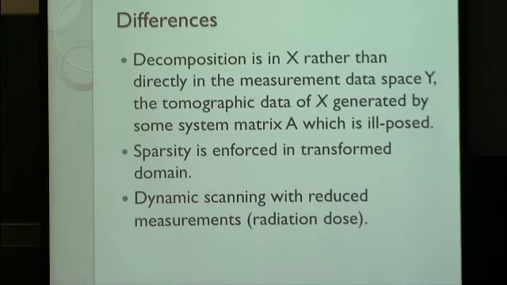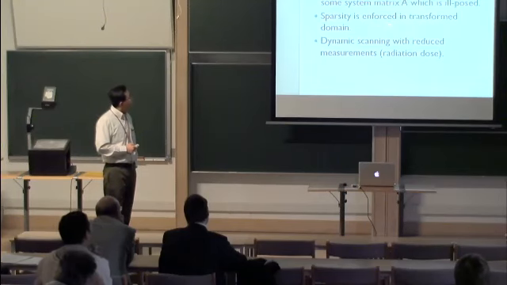So our difference here is that the decomposition is not in the measurement domain or image domain. It's in the physical domain. So there's a matrix A through that transform, and this A, the X-ray transform, is quite ill-conditioned. Definitely those incoherence conditions are not easy to satisfy. Sparsity is enforced in the transform domain.